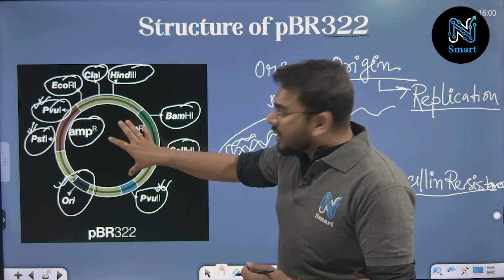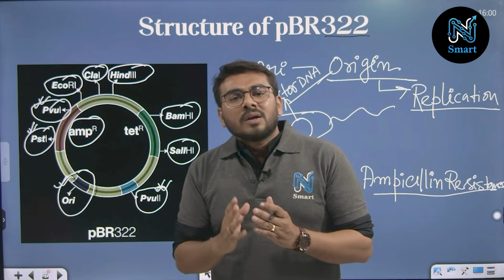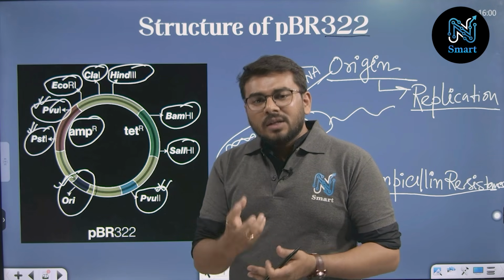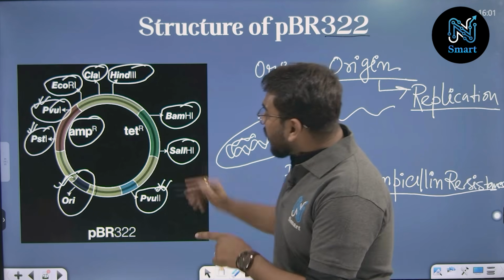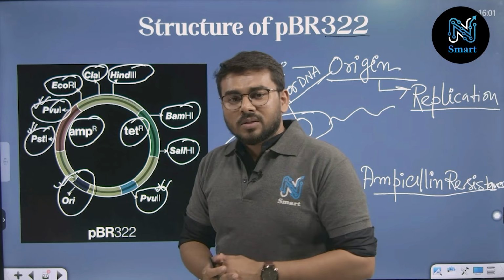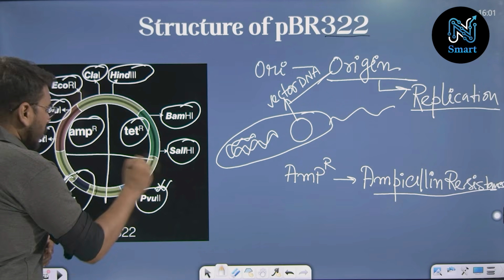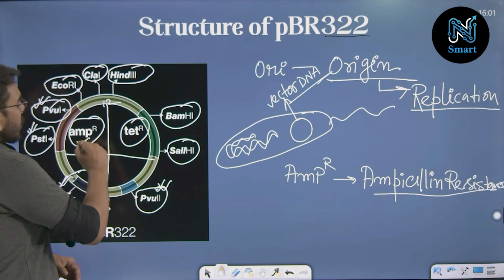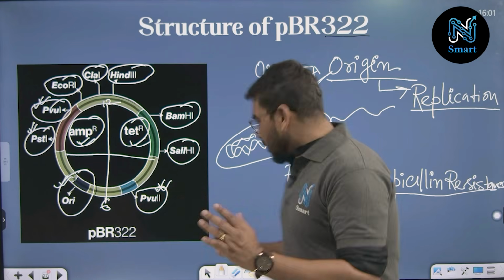Ampicillin resistance means that if we keep the bacterium with this particular vector in an ampicillin medium, it will not be destroyed, it will survive, because the resistant quality against the antibiotic ampicillin is already there. And another most important thing is TETR, the tetracycline resistant site. That is most important. Again, if this is a watch, then this is the 12 zone, this is the 6 zone, and check the location of ampicillin and tetracycline. And here also it is TETR.